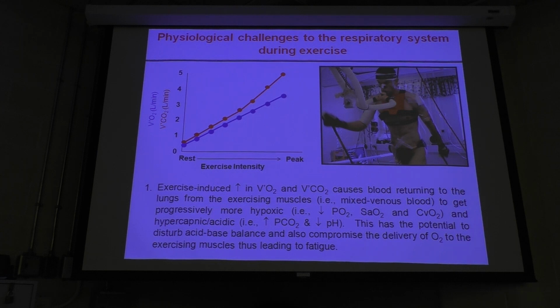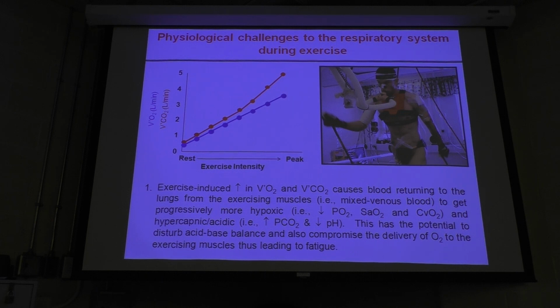So you can imagine that the arterial blood is being sent to the muscles. They are stripping increasingly more oxygen off, so the blood returning to the lungs has a progressively decreased partial pressure of oxygen. At the same time, carbon dioxide is being loaded from the muscles into the blood to be sent back to the lungs to be blown off.